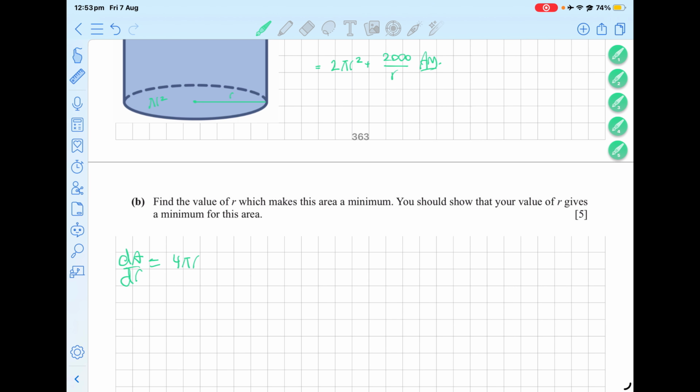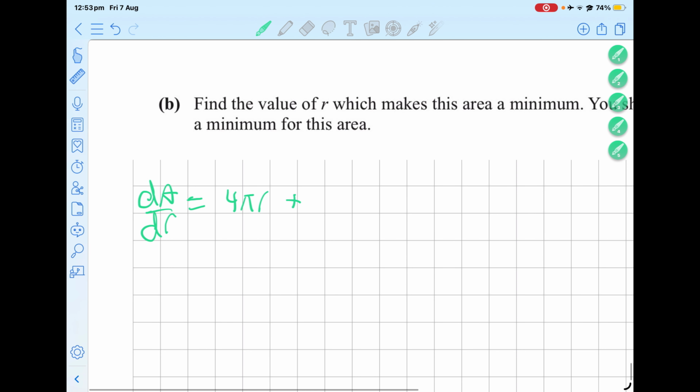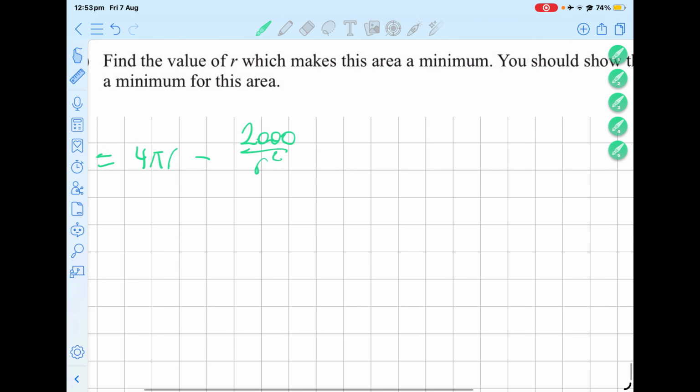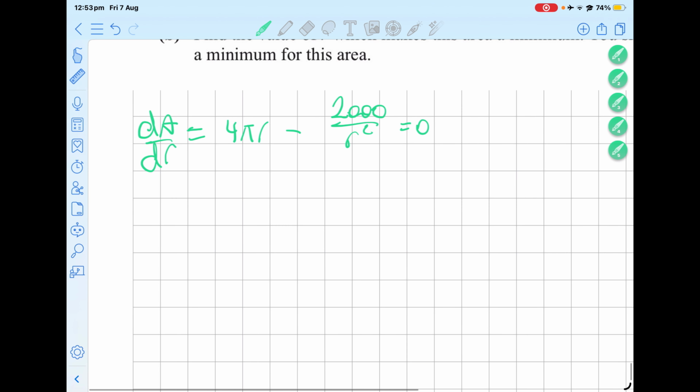And then 2000 over r, if you differentiate, you'll get minus 2000 over r squared. And then this must equal 0. I'm basically saying that r cubed is 500 over pi, something like that. So we just need to find r.